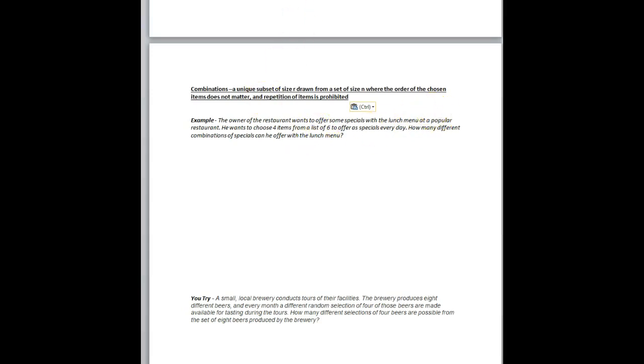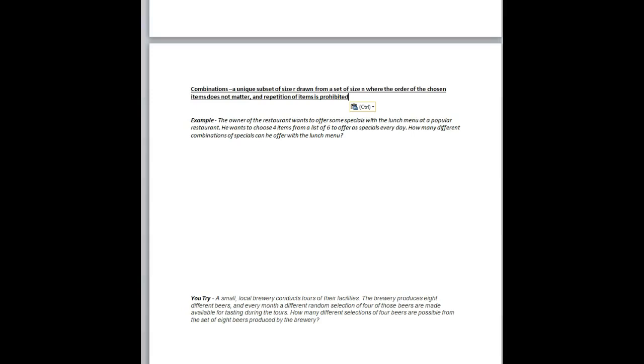It says the owner of a popular restaurant wants to offer some specials with the lunch menu. He wants to choose 4 items from a list of 6 to offer as specials every day. How many different combinations of specials can he offer with the lunch menu?